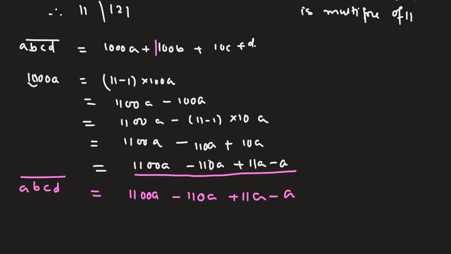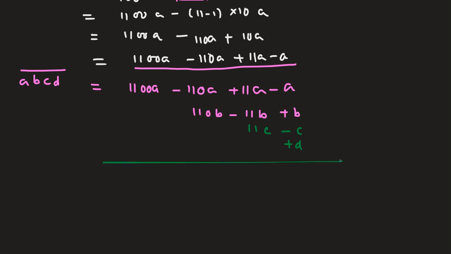Now 100B, the representation of 100B we know from here, which is this one. So this will be 110B minus 11B plus B. Not A, it is B, sorry. For the last number, for this number 10C, we can write as 11C minus C. Then we have D.